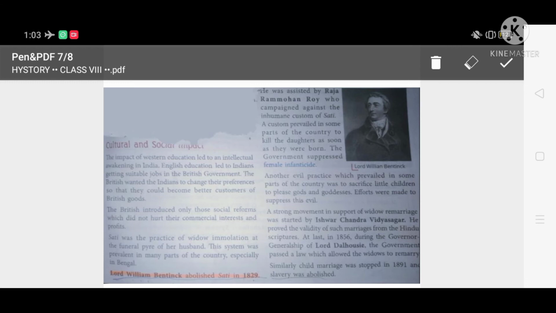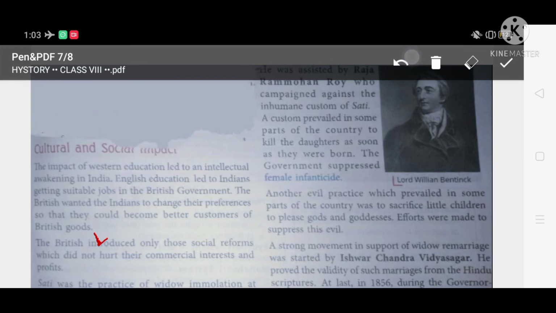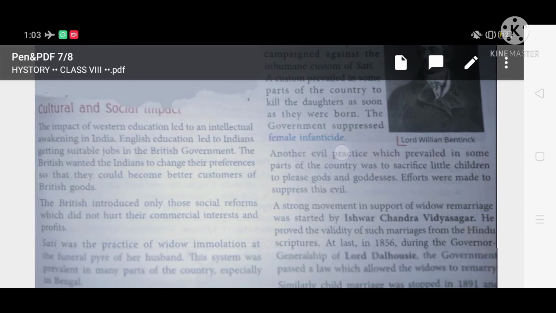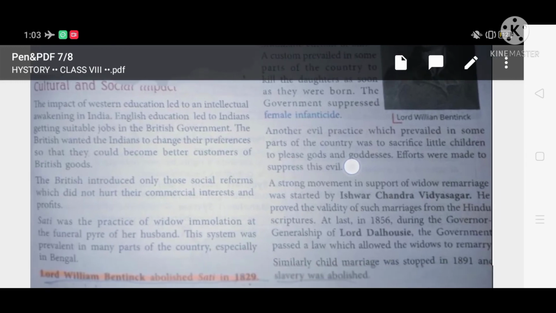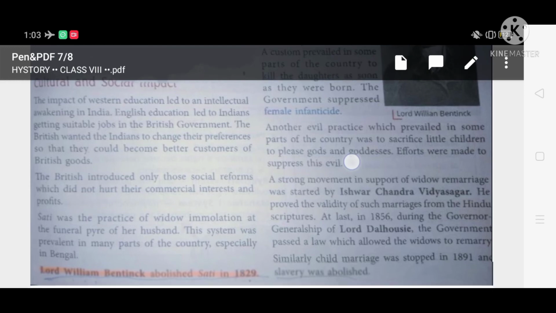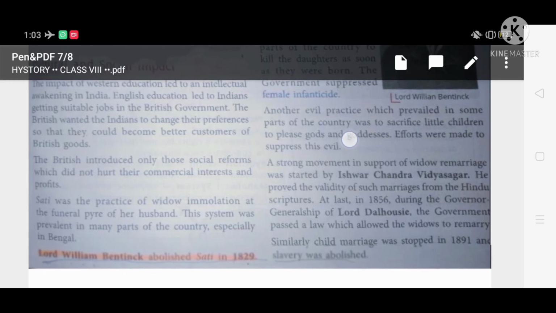Now cultural and social impacts. The impact of Western education led to an intellectual awakening in India. Education led to Indians getting jobs in the British government. The British wanted the Indians to change their preferences so that they could become better consumers of British goods.